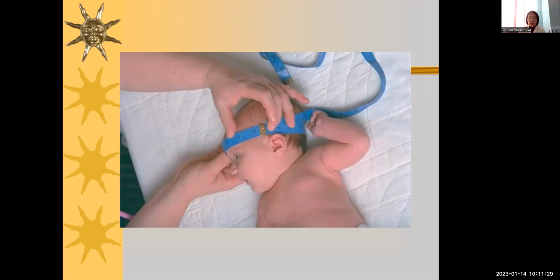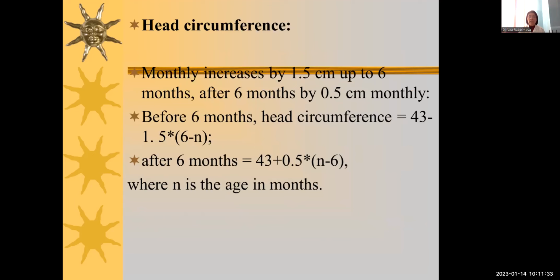Measurement of head circumference. Monthly increases by 1.5 centimeters up to 6 months. After 6 months, by 0.5 centimeter monthly. We have 2 formulas for calculation of normal head circumference up to 1 year old.